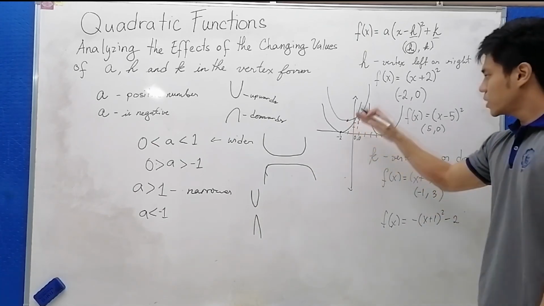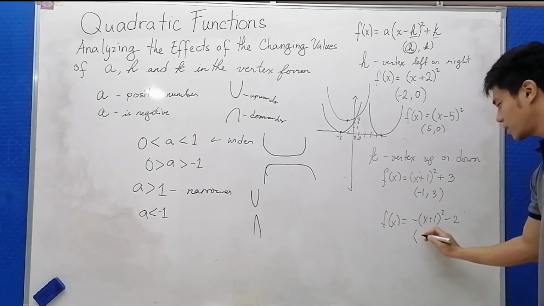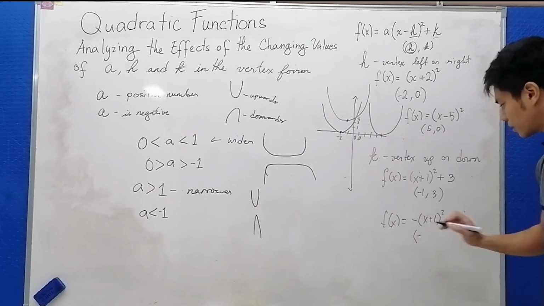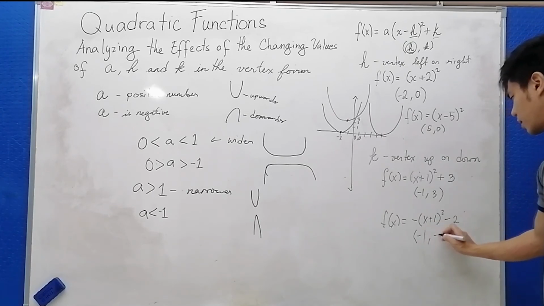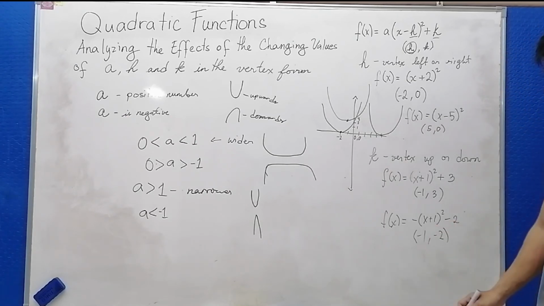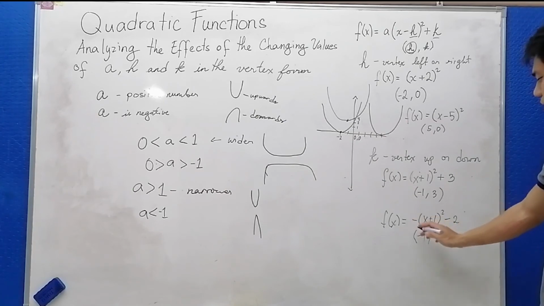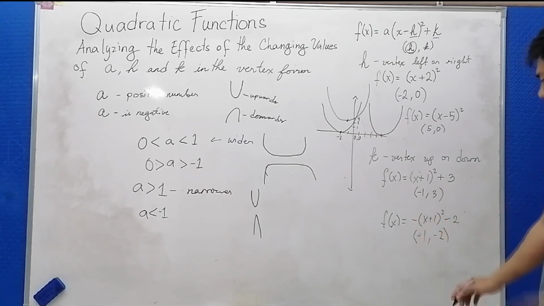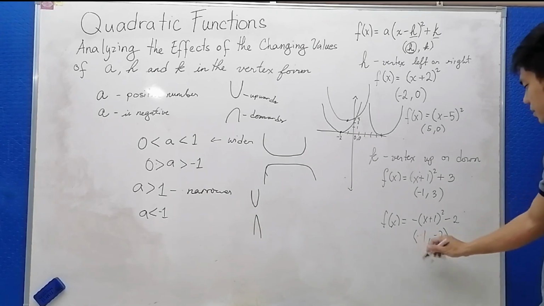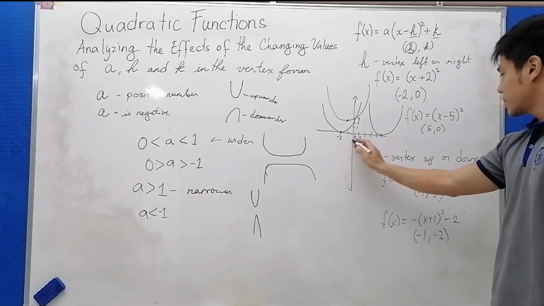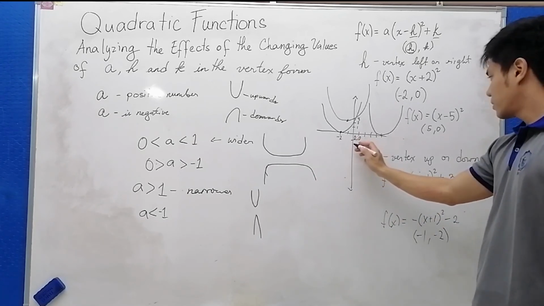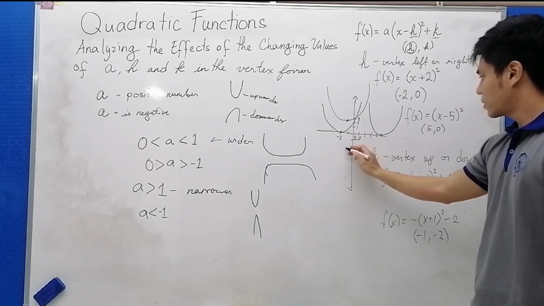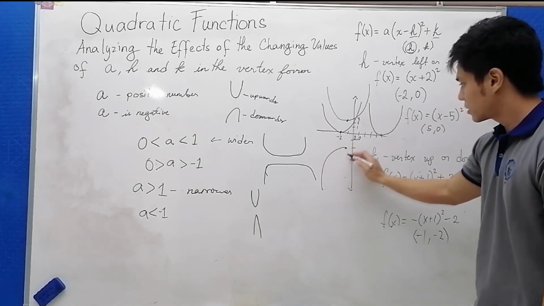Okay, so its coordinates are going to be -1 and -2. Because of the negative value here, it's just facing downwards this time. So, -1 and -2. So it's going to be over here, facing downwards.